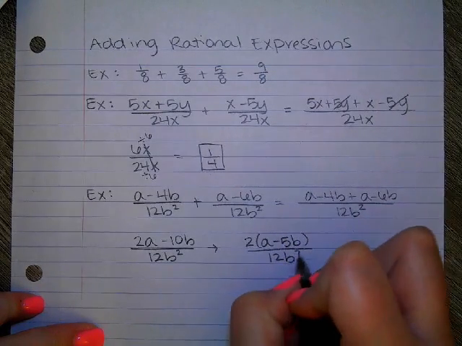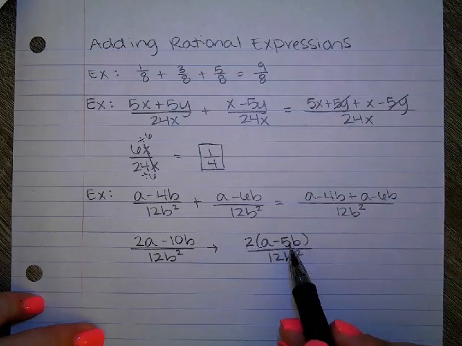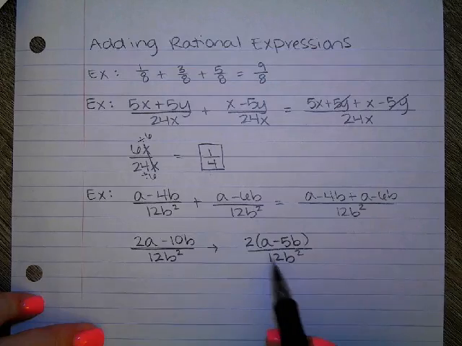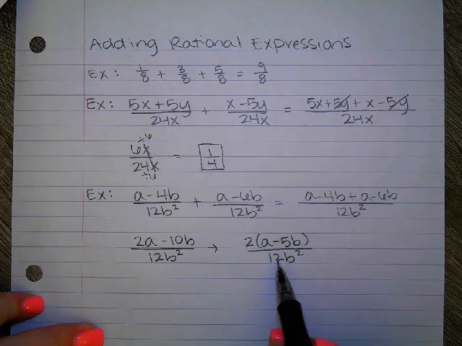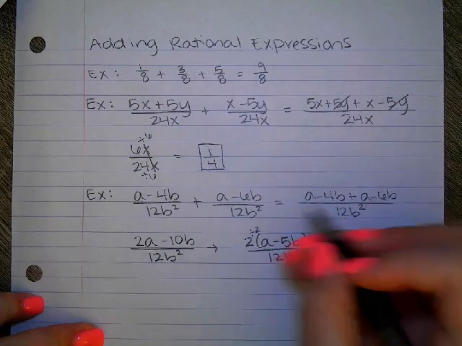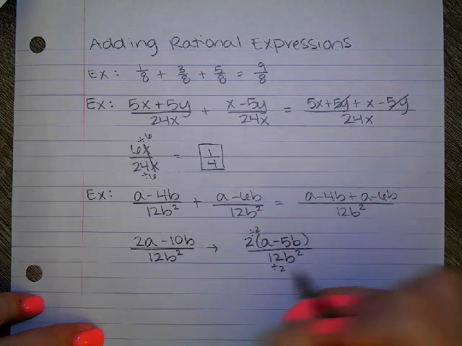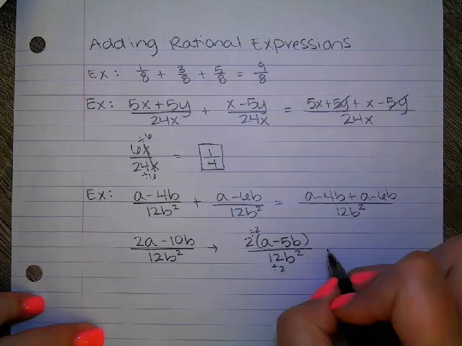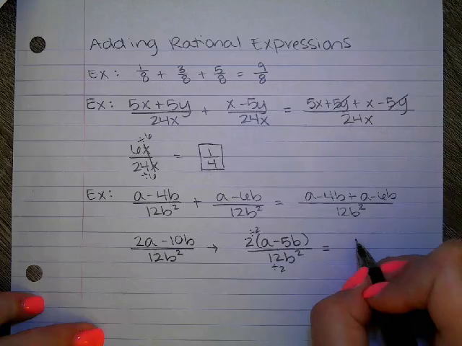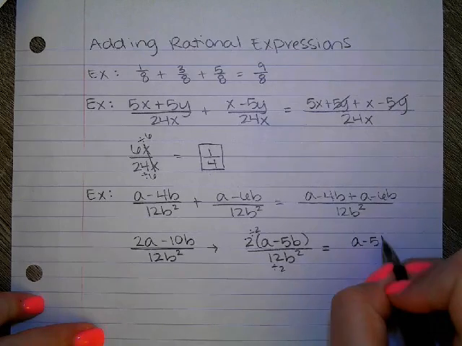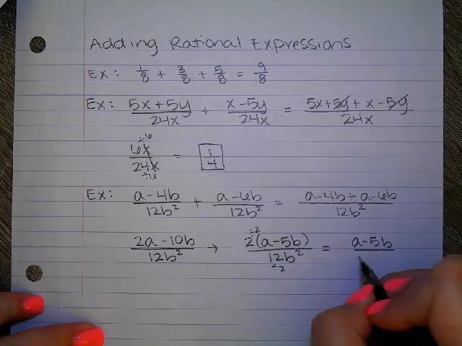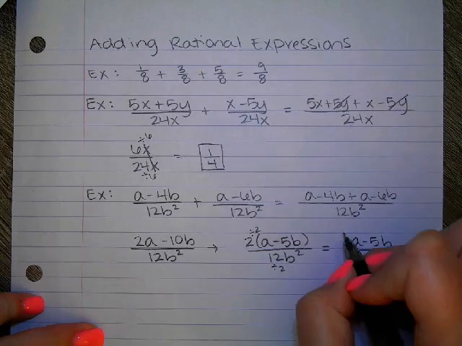I can't cancel out anything within the parentheses, but outside the parentheses I have a 2, and there's an even number down here. So the 2 and the monomial can reduce. 2 divided by 2 is 1. If you want to put the 1 in front of the parentheses, you can, but you don't really need to. So I have a minus 5b on the top, and on the bottom, 12 divided by 2 is 6, so 6b squared.